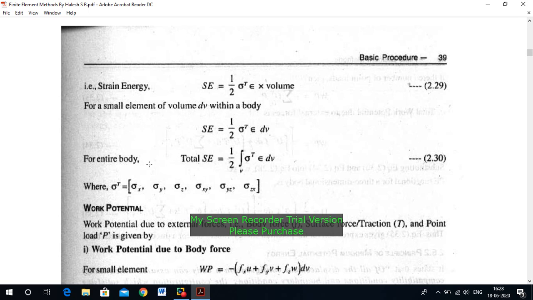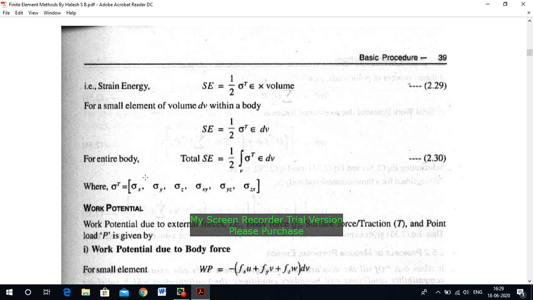If you want to calculate the strain energy for the entire body, the strain energy is equal to half into integration, because we are considering the entire volume of the body. Therefore, the total strain energy is equal to half into the integration of sigma transpose epsilon into dV.